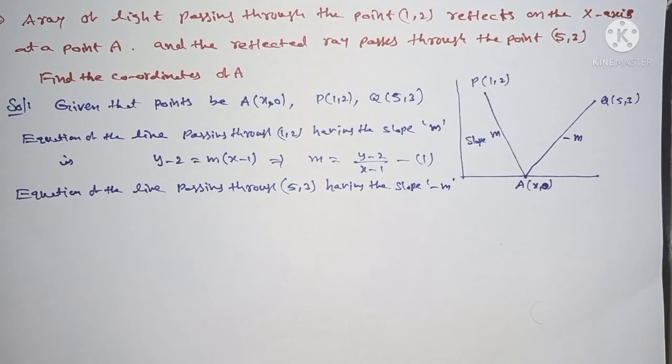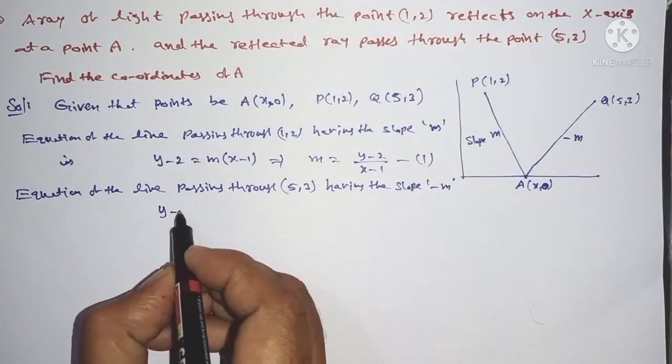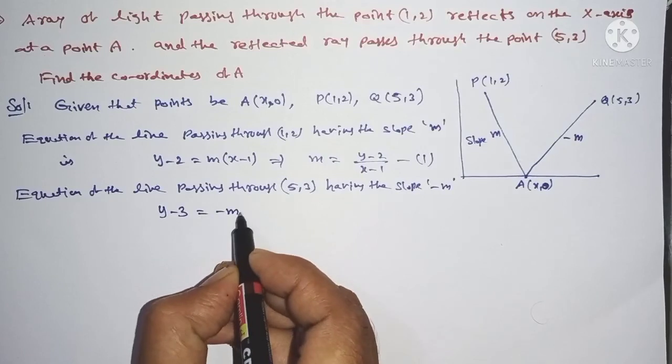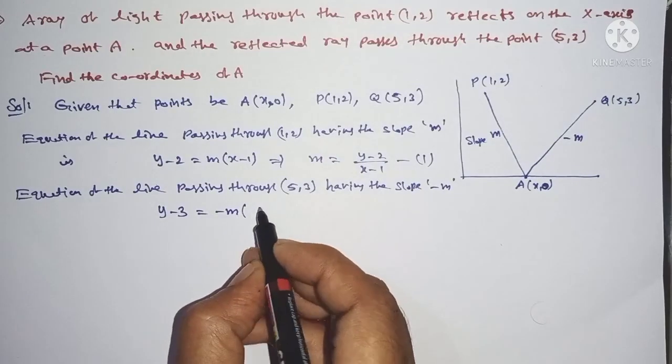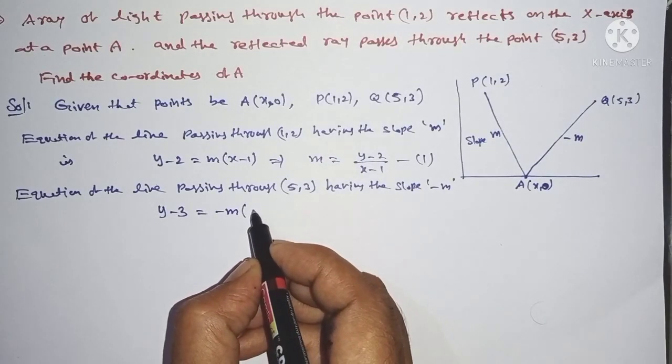Therefore, the equation is y minus 3 is equal to minus m of x minus 5.